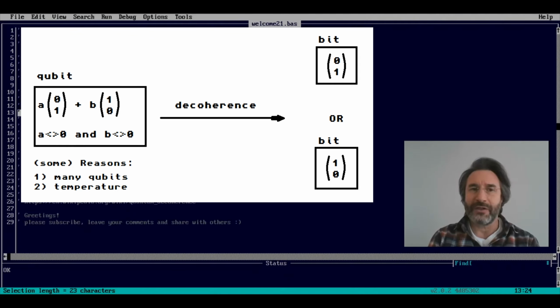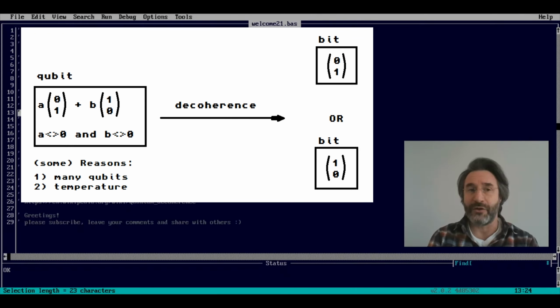So in practice, consider that you have a qubit where, let's say, the information that is stored in that qubit is a superposition of states. So you have essentially these two coefficients A and B, both different than 0. In practice, if you let that system go in time, you have decoherence that starts to disturb this system, and eventually, for a long enough time, you will end up having your qubit behaving exactly as a classical bit.